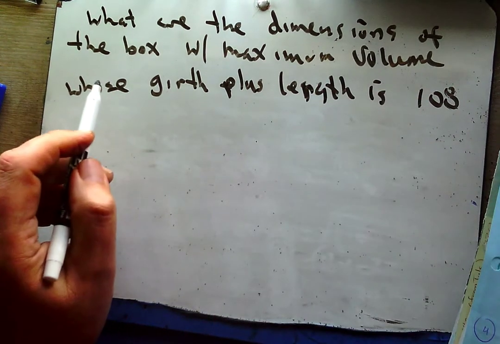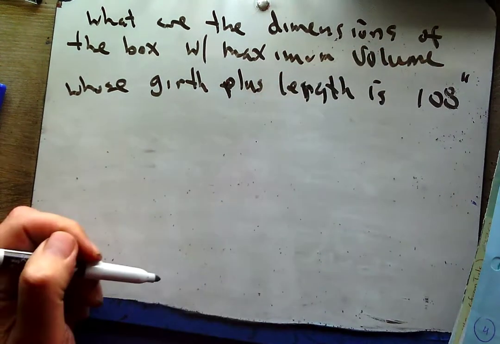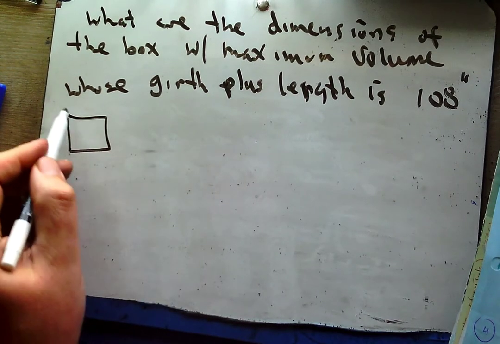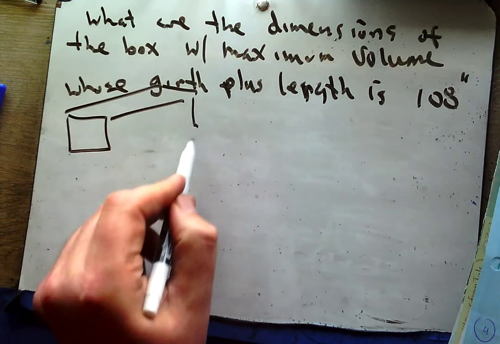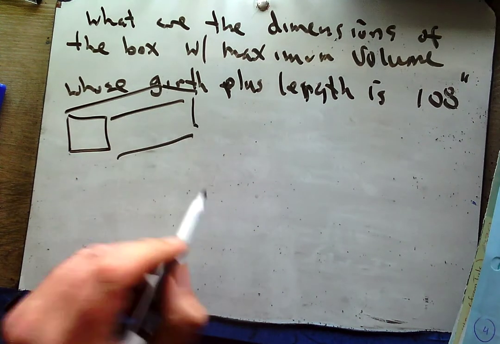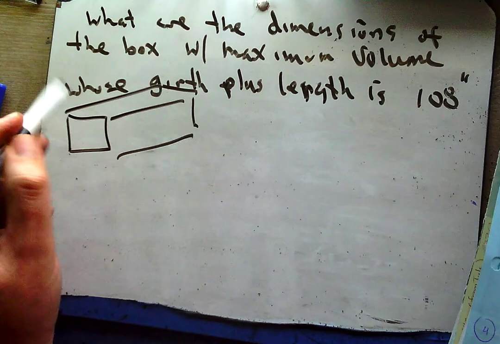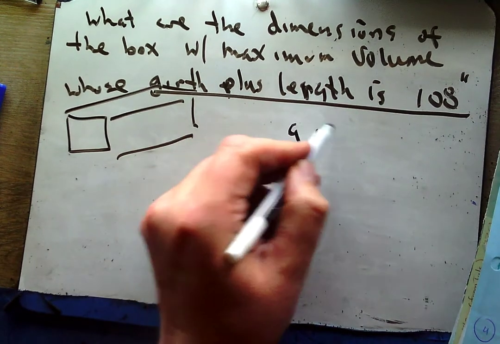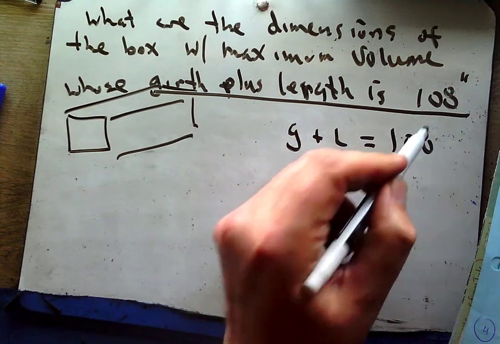And we want inches here, don't we? Yeah, these are inches. So let's think what we're talking about. Oh, by the way, it's a square-based box. And we want to find the maximum volume of this. And we have this restriction. Girth plus length is 108.